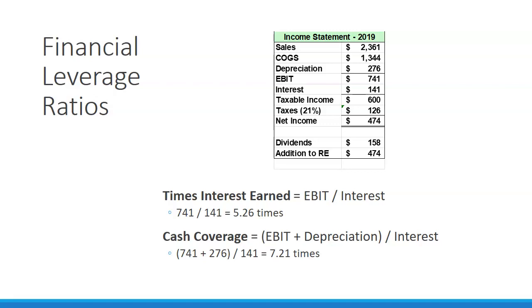That gives us the times interest earned, which is 5.26 times for this company. We can also look at the cash coverage. Because depreciation is a non-cash expense, we add it back to EBIT, and then divide that by the interest expense. That takes our coverage of interest payments up to 7.21 times.